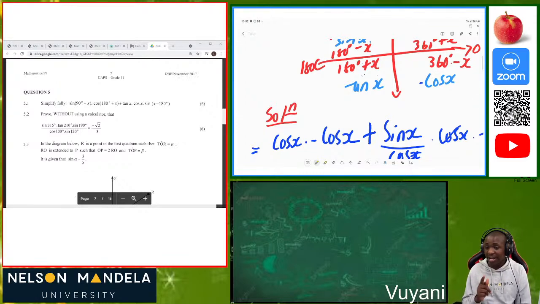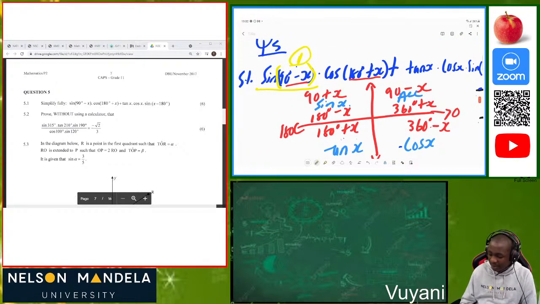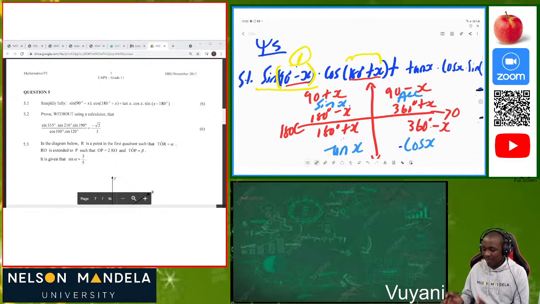So please bear in mind, know that the sine and cos always have to interchange. It's always the case that those two interchange. You come into the second one, cos of 180 degrees plus x. The first thing we ask ourselves is, where is this angle 180 degrees plus x? 180 degrees plus x is in the third quadrant.